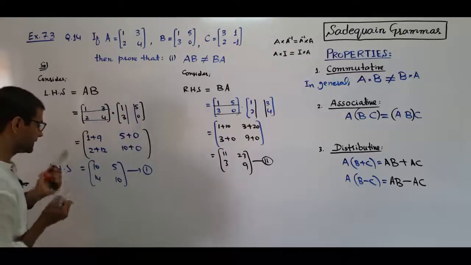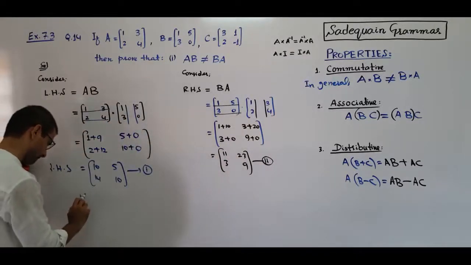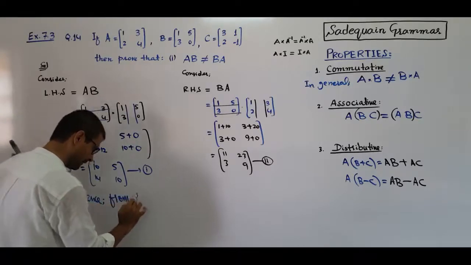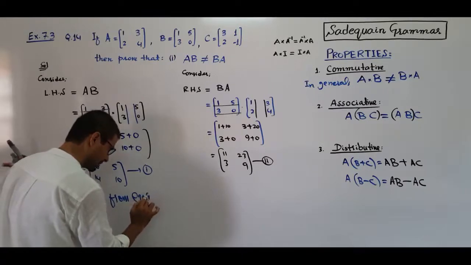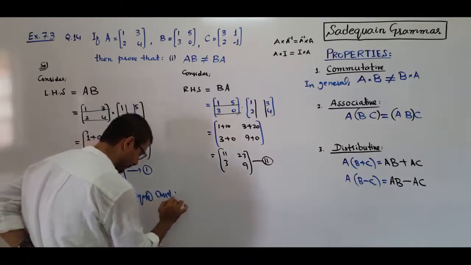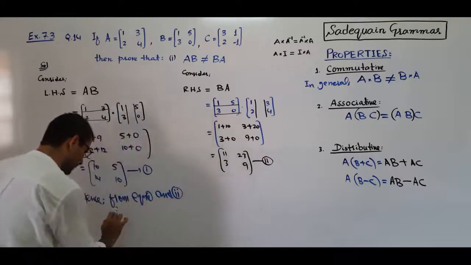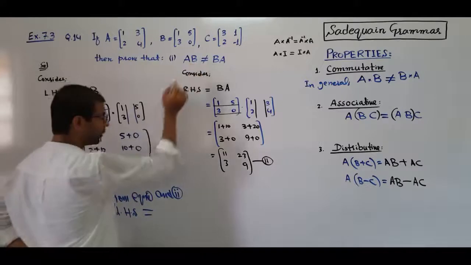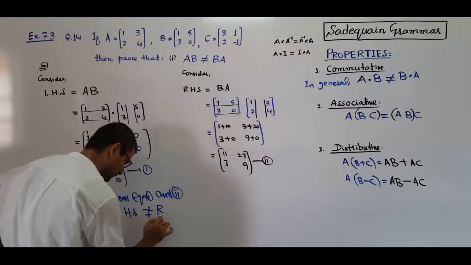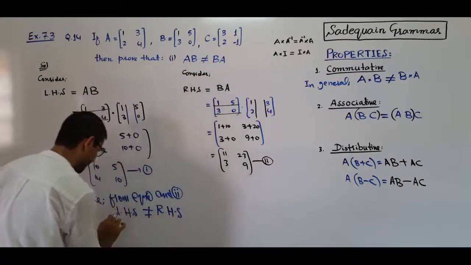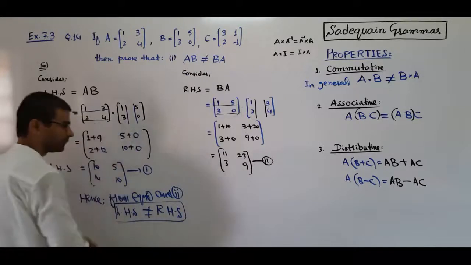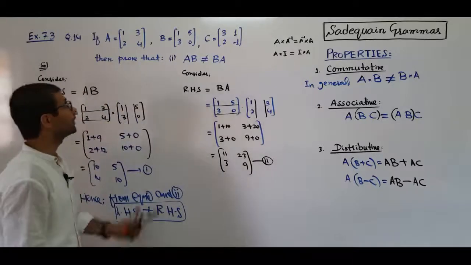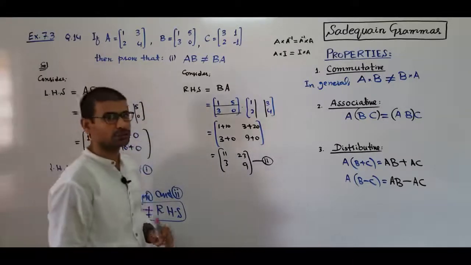So we can say, hence from equation 1 and 2 we can write left hand side is not equal to right hand side. This is part number 1 of question number 14. Now you can try all the remaining parts of question number 14.